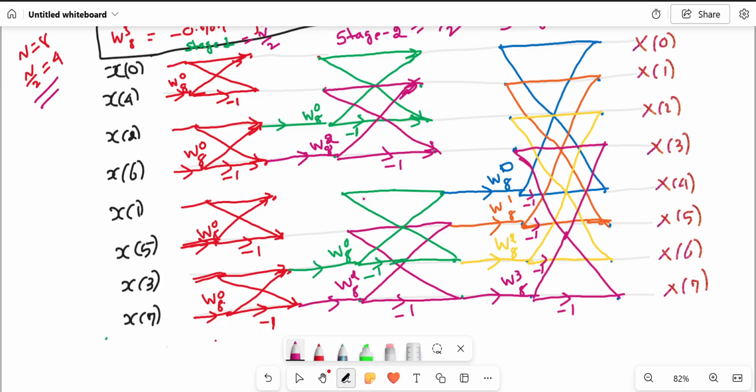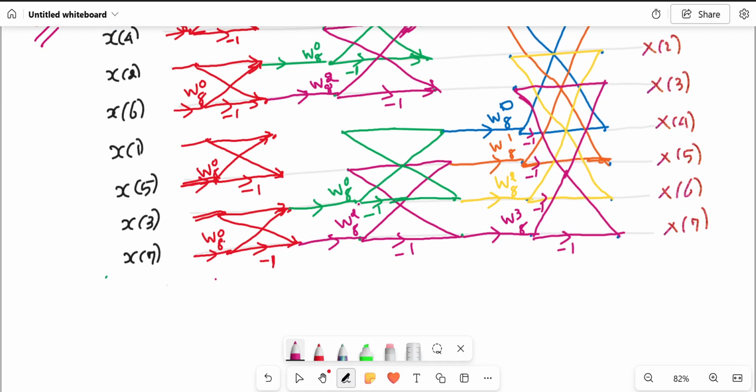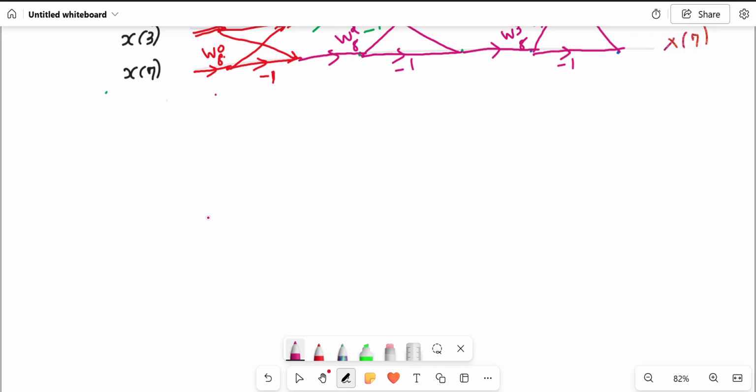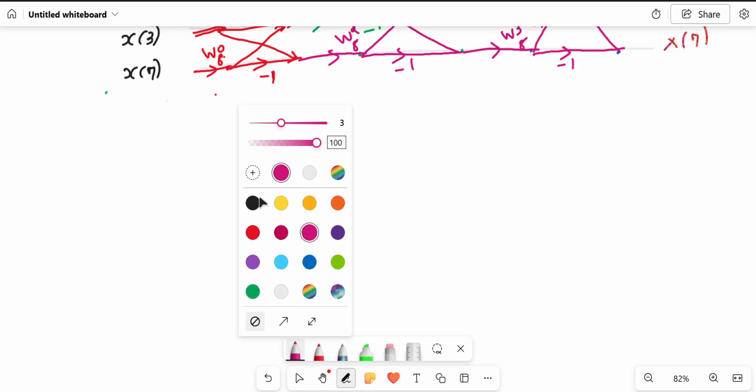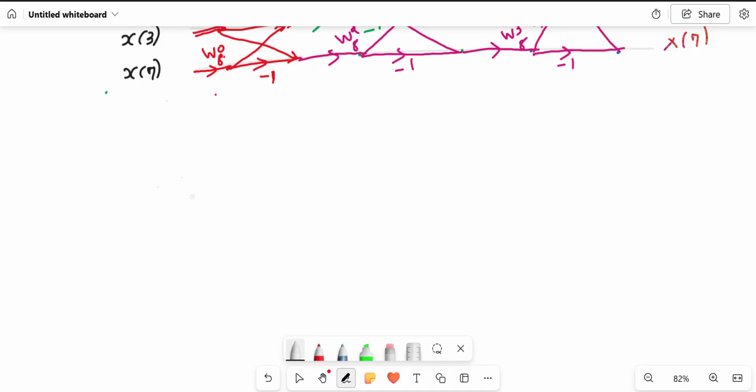Okay. So you can take some example for n is equal to 8-point DFT. Similarly, you can draw the decimation in time for 4-point DFT also. So we will draw the 4-point DFT structure.